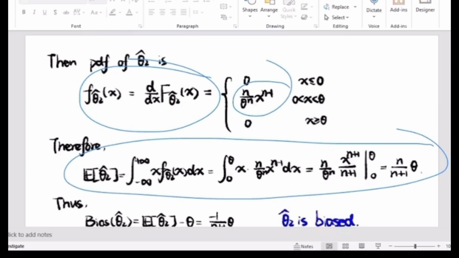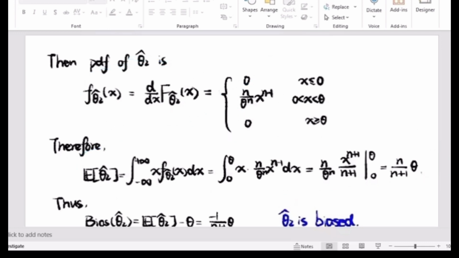Here I'm going to perform an antiderivative, and don't forget, I'm using the range 0 to theta. They gave you that initially. And at the end of the day, the final result is n over n plus 1 theta.